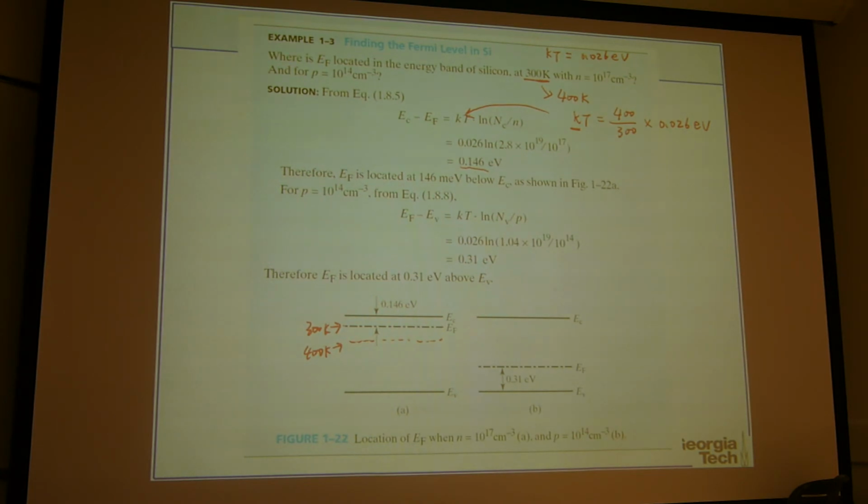But when you increase the temperature to a very high temperature, like 1000 Kelvin, then you are going to have very large thermal energy. Then you basically break many bonds. So you create a lot of intrinsic carrier, electron hole. And then the external doping is less important because all the carriers in the system are from the internal thermal energy.